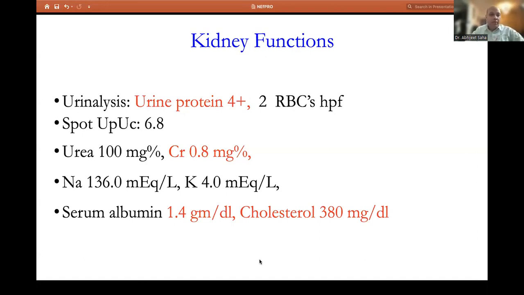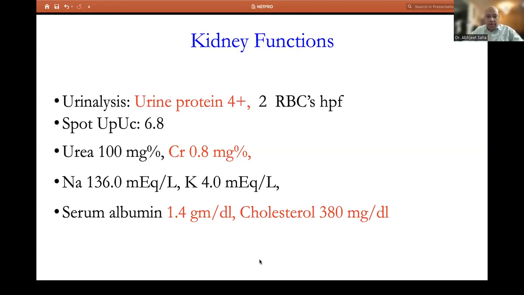The urea was 100 milligrams per dL, and the creatinine was 0.8 milligrams per dL. The sodium was 136 milliequivalents per liter, and potassium 4 milliequivalents per liter. Now, the serum albumin of this child was 1.4 grams per dL, and cholesterol was 380 milligrams per dL.